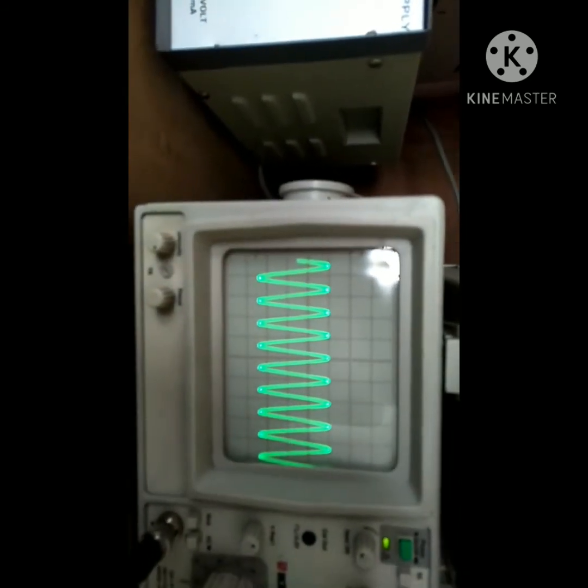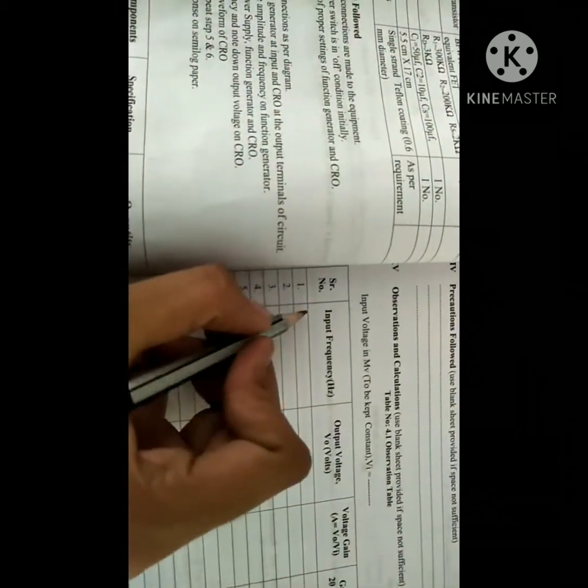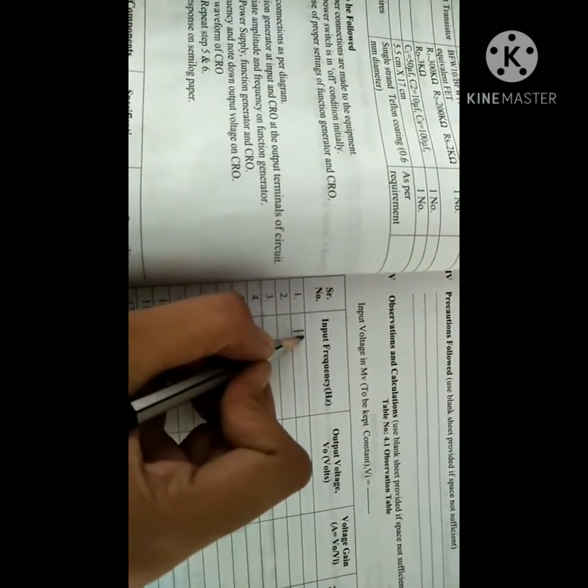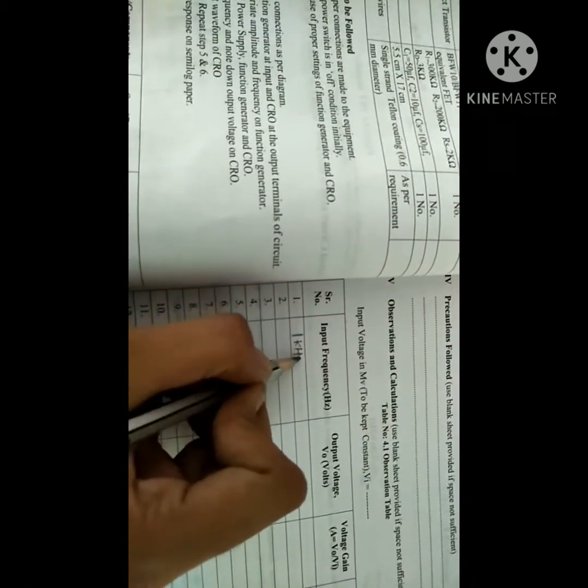So 1.70 volt is the input voltage. Now we write here the input frequency as 1 kilohertz.